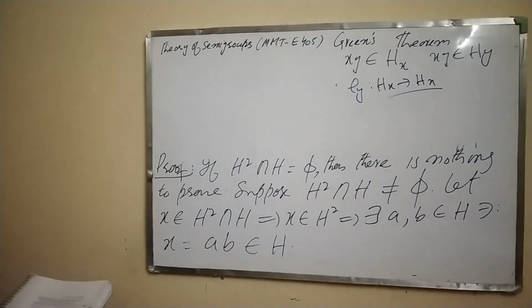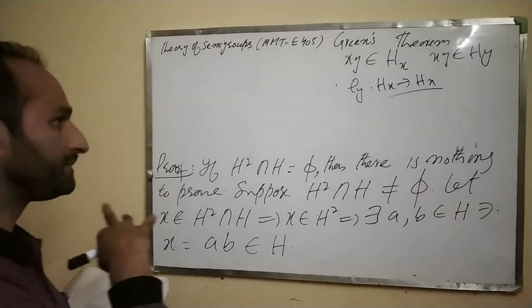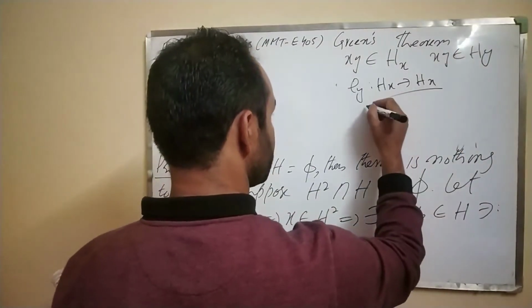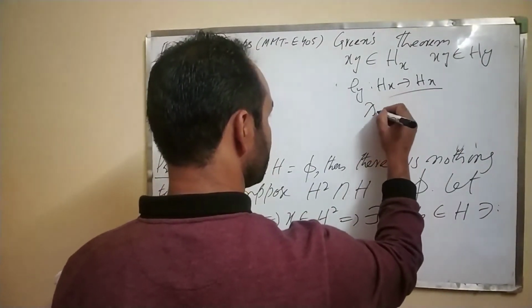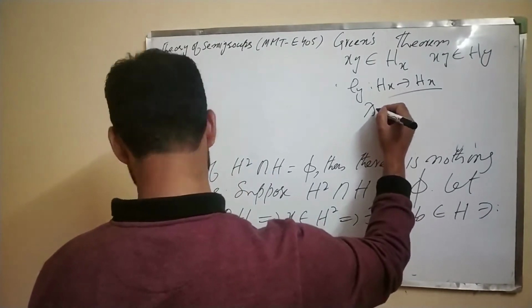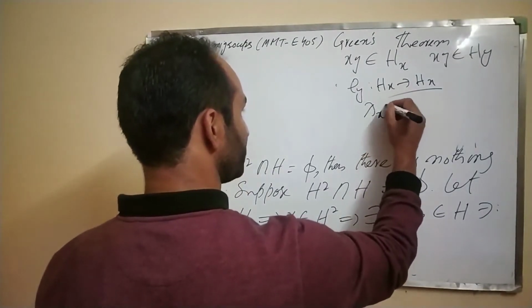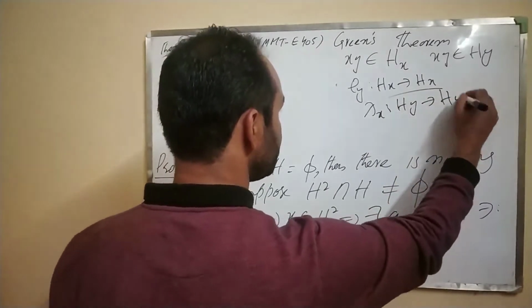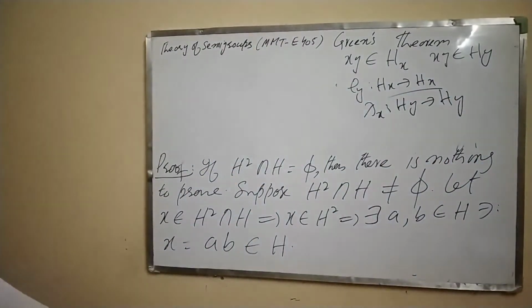This is a bijection. And in the second case, there is a bijection which I denote by lambda x, which is a bijection from H class of Y onto itself. This is from the previous lemma.